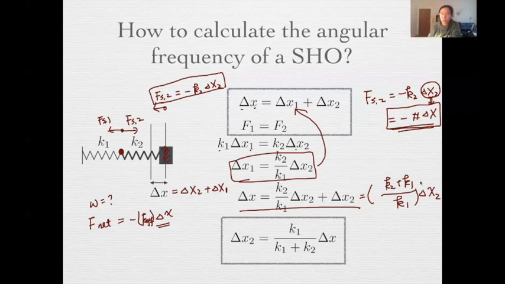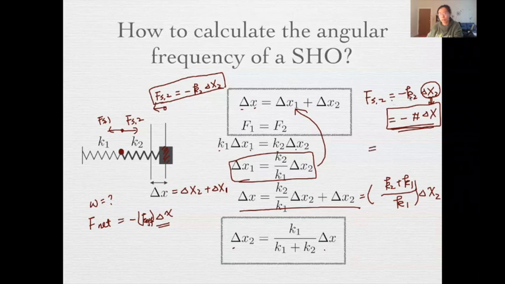If you want to follow the steps, I would recommend you pause the video and try to carry out the math by yourself, so that will give you more intuition. So now I successfully rewrite my delta X2 in terms of delta X, which is exactly what I want to do here. So I'm going to plug this whole thing here. Okay.